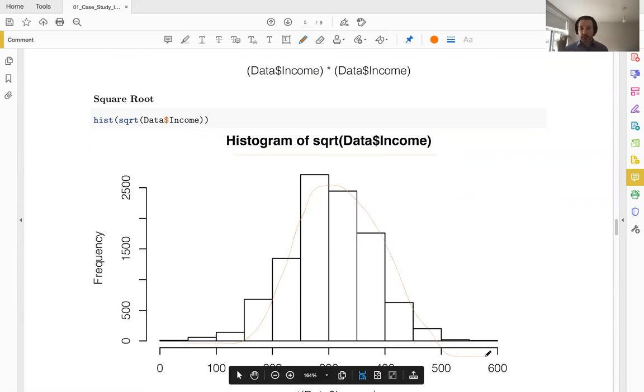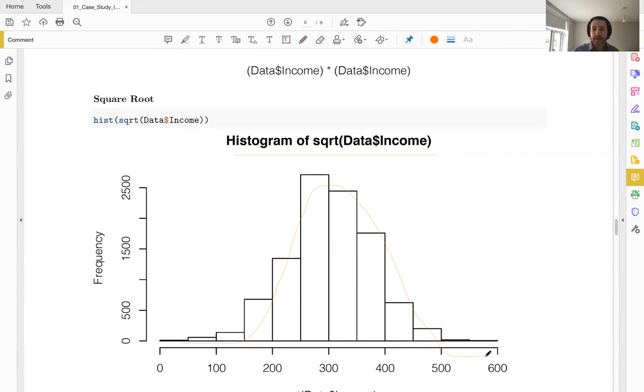Log, square root, square. Generally, you should look at what people have done before with that kind of data, and see how people have addressed that kind of shape. Sometimes you don't have to do it. Sometimes you do have to do it. It's just something to be wary of. Now, in the end, income probably isn't going to contribute to our model, but it's good to know that you can do something with it such that it can be normal and can contribute to the model.